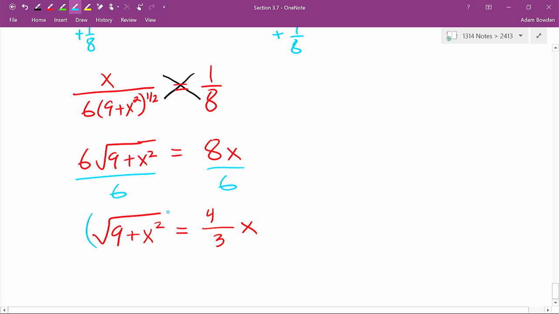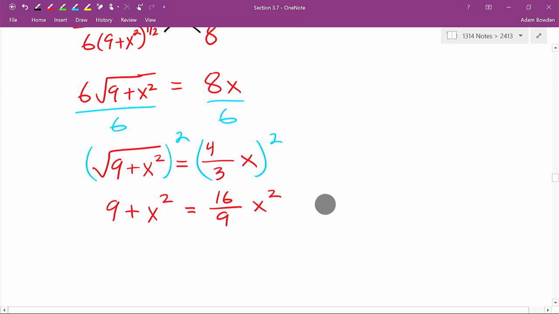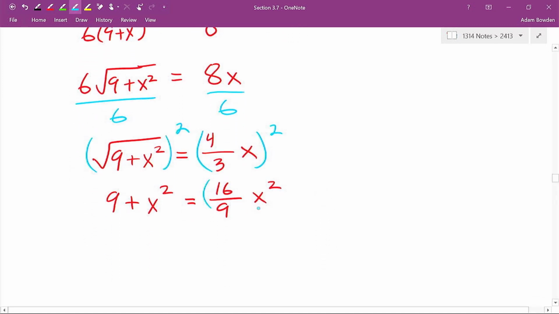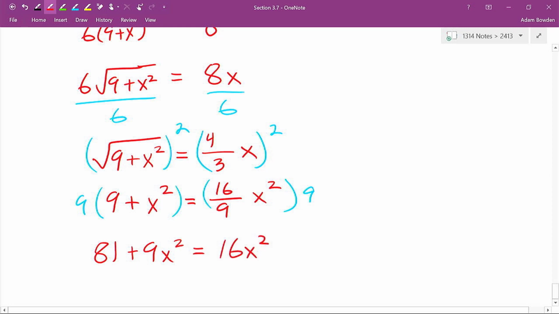Then I'm going to square both sides, and that'll change this into 9 plus x squared equals 16 over 9 x squared. Let's go ahead and clean up that fraction there. Let's multiply both sides by 9. So it would look like 81 plus 9x squared equals 16x squared.